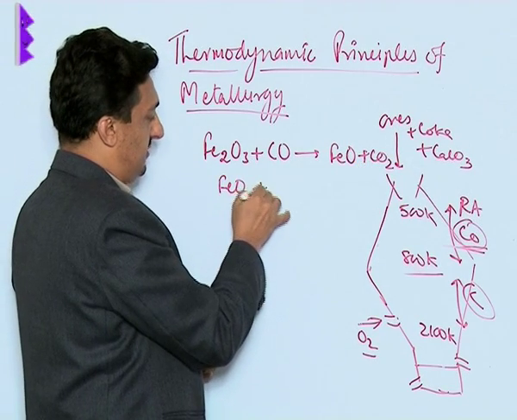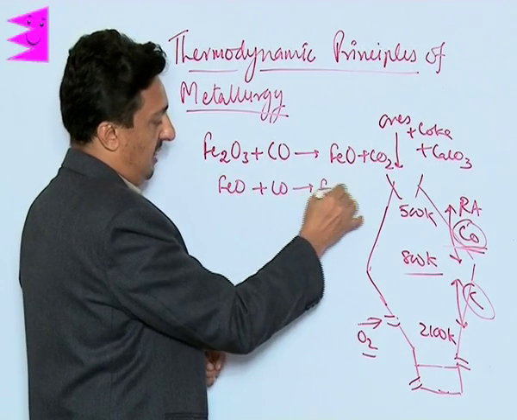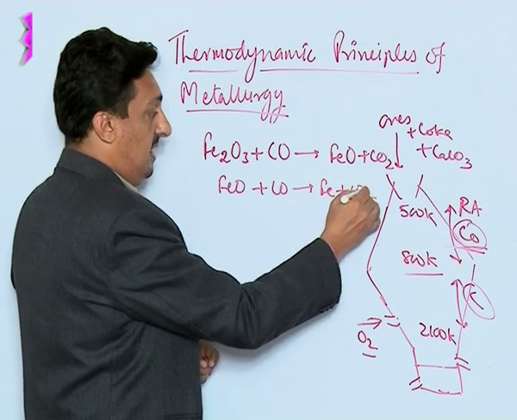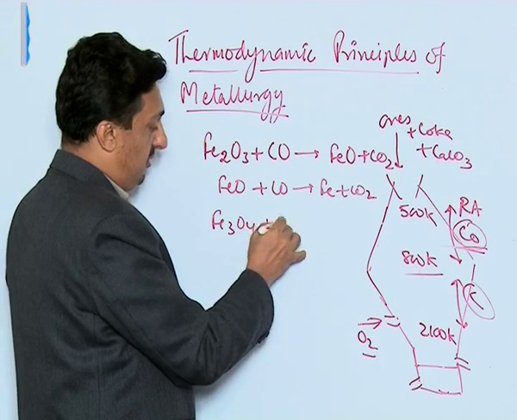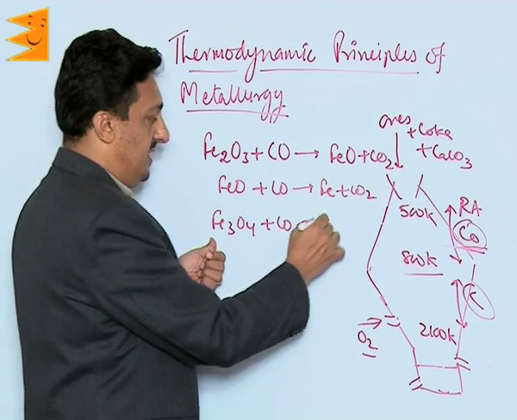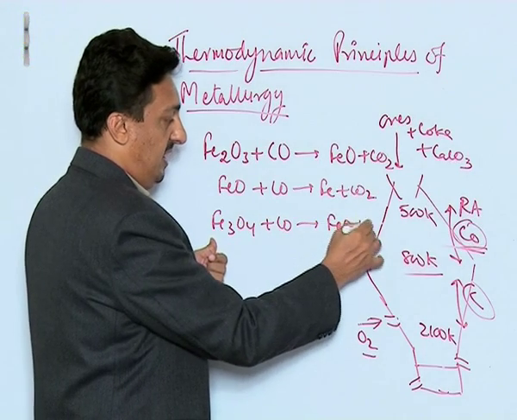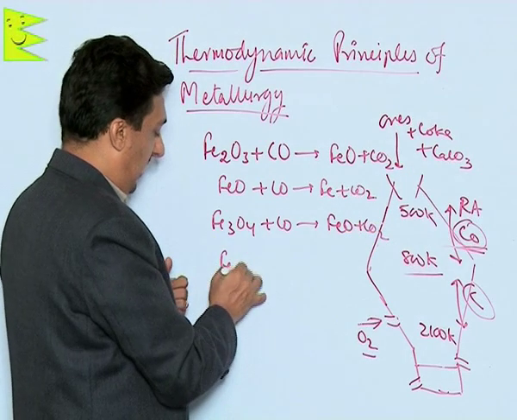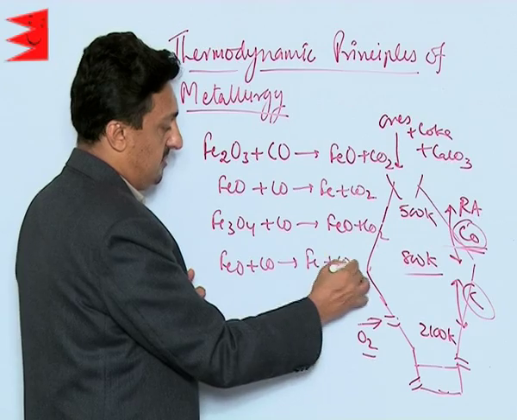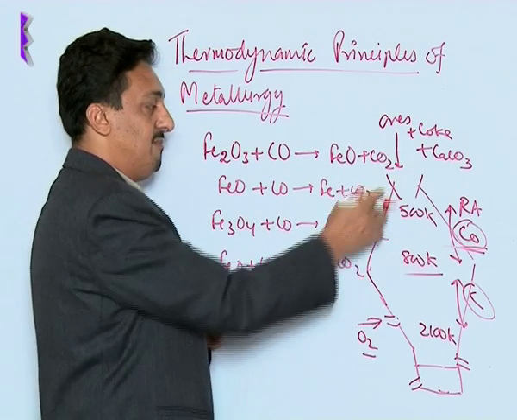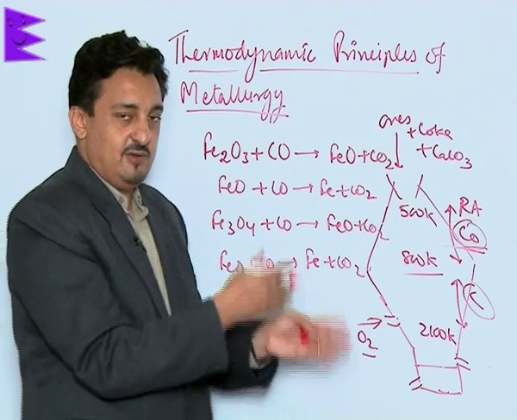Then this FeO combines with carbon monoxide to give Fe plus CO2. Even if we have magnetite, Fe3O4, it is first reduced to ferrous oxide, FeO, and this ferrous oxide combines with carbon monoxide to give Fe plus CO2.